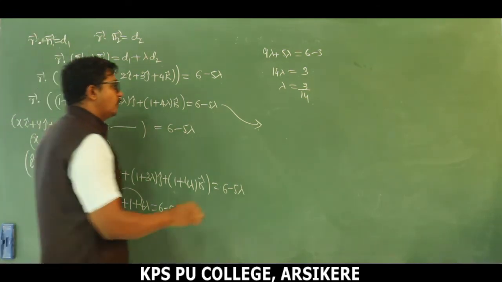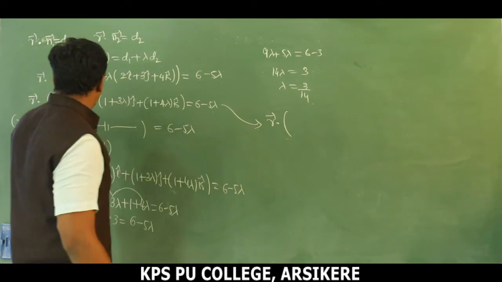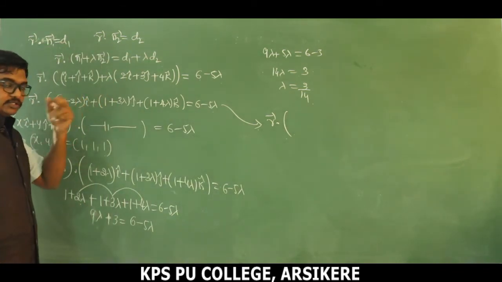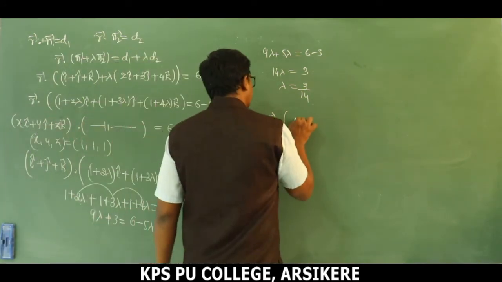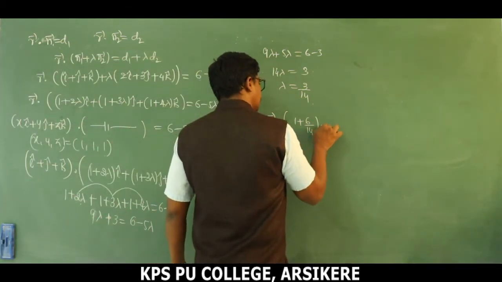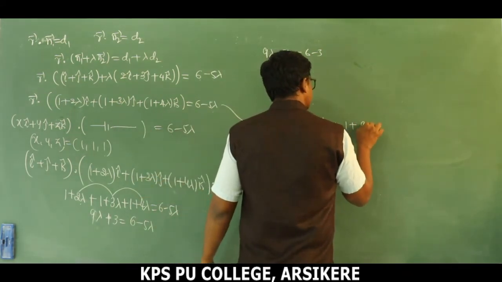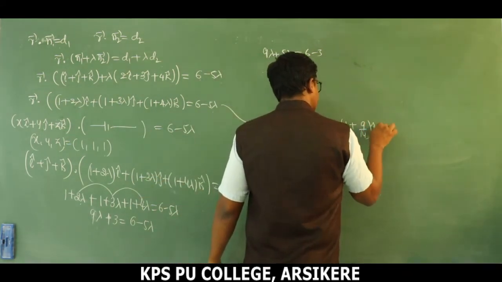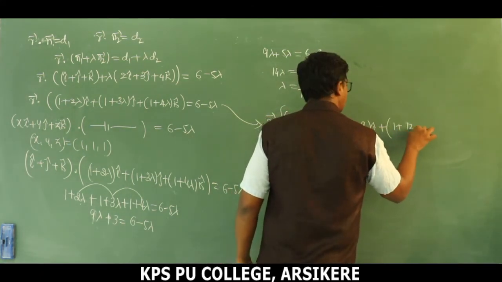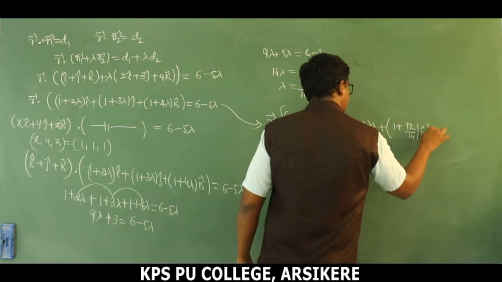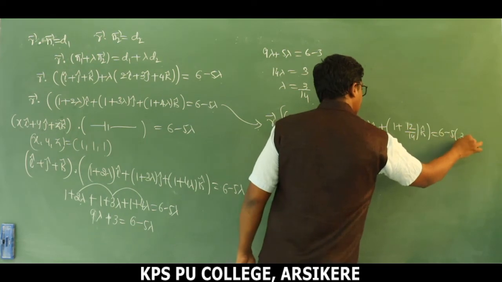What we obtained? Vector r dot (1 plus 2 lambda), 1 plus 2 into lambda, which is 3 by 14, 2 3s are 6, so 1 plus 6 by 14 into i cap plus the second one, 1 plus 9 by 14 into j cap plus the third one, 1 plus 4 3s are 12 by 14 into k cap is equal to 6 minus 5 into 3 by 14.